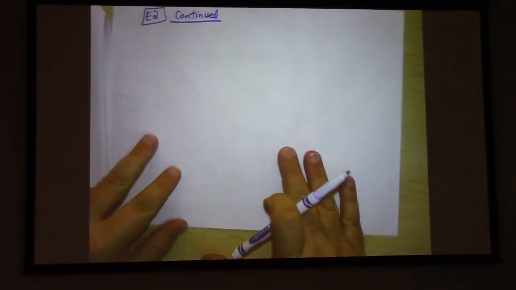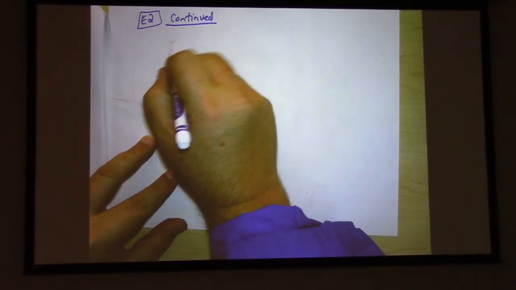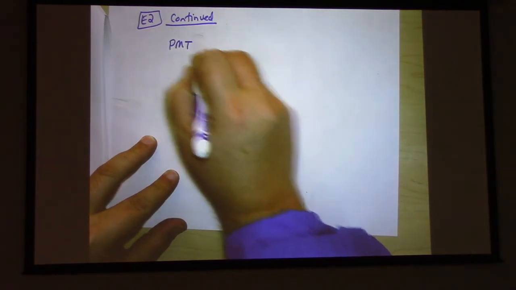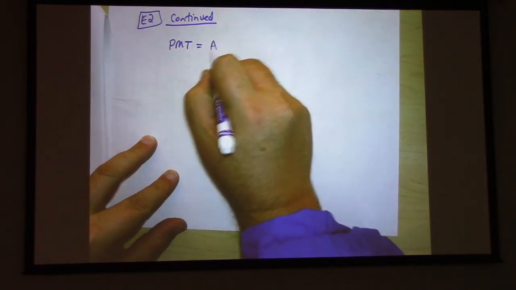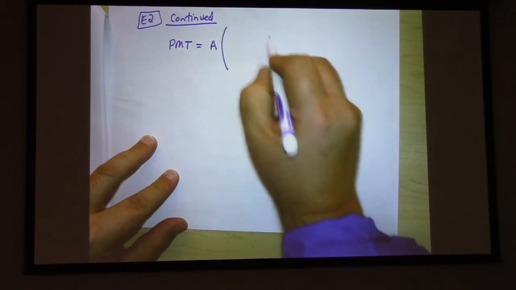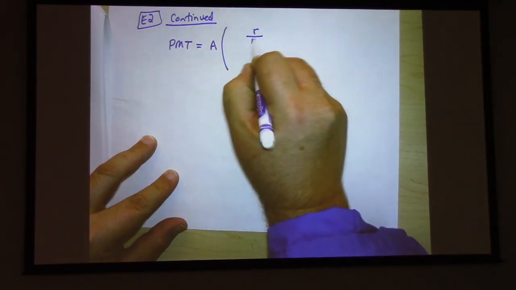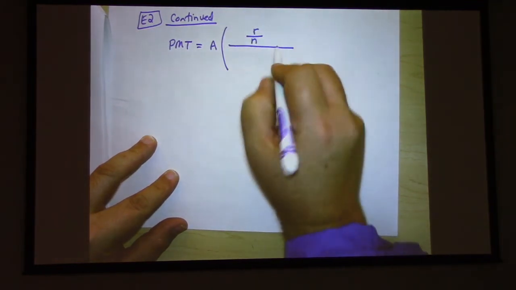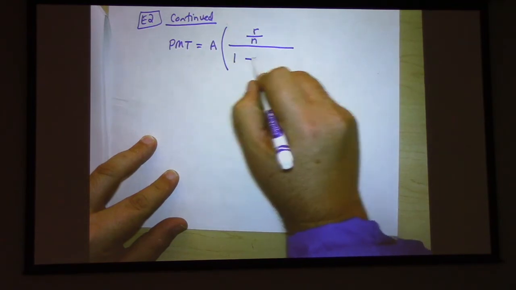The mortgage payment formula is right here. Copy it down here for you guys. PMT, I guess that's payment. It's the amount of the loan times R over N, big fraction, divided by 1 minus.